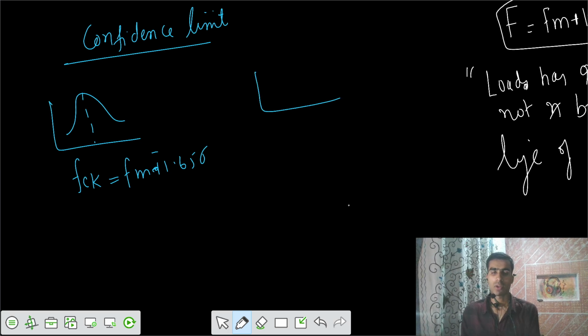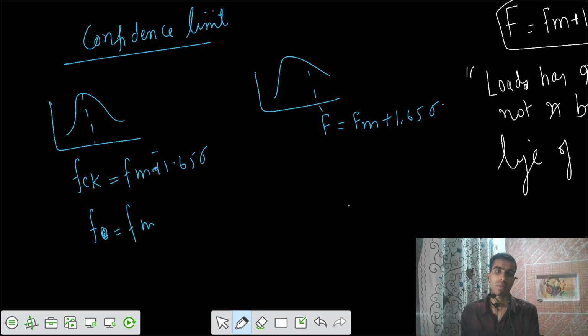And in loads, we say that there is some F equal to F mean plus 1.65 sigma. That means on the right side of the mean there is some value of F that's at 1.65 sigma from the mean. These two limits we call confidence limits.